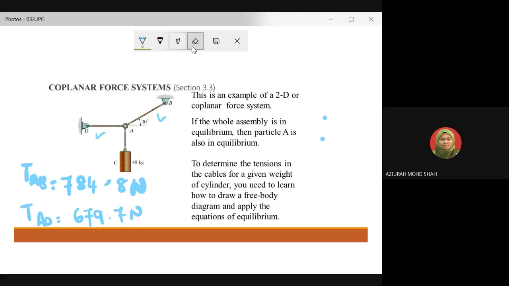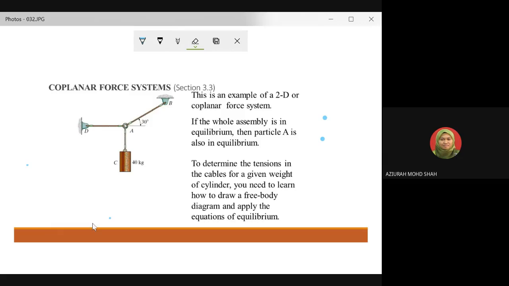We use triangle. Okay, so I need you to see the triangle clearly, sebab triangle ni kita obtain berbeza sedikit daripada parallelogram. The triangle from parallelogram, the one that we have learned before this.